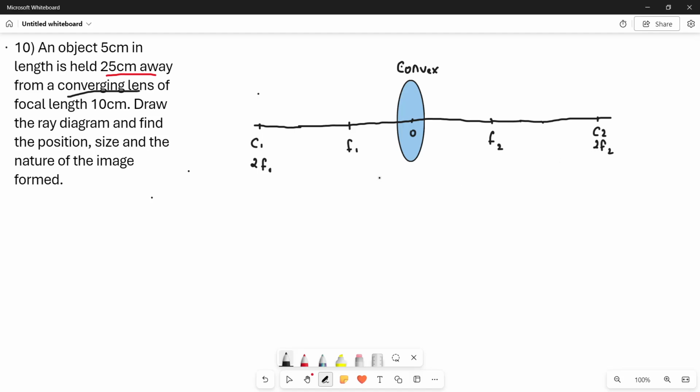Alright, so it is given that the object is held 25 centimeter and the focal length is 10 centimeter. So the focal length is 10 centimeter from the optic center. So what focal length they have mentioned here, is it F1 or F2?